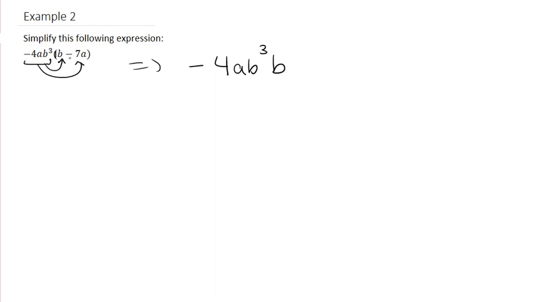Next we have negative 4 times negative 7. So that's positive 28. And then we have this a, b to the third, and then we get this a here. So we'll just rewrite it like this, and then we'll combine our variables. So this can be rewritten as negative 4a.